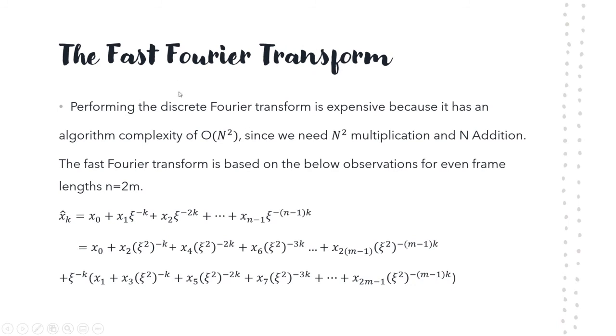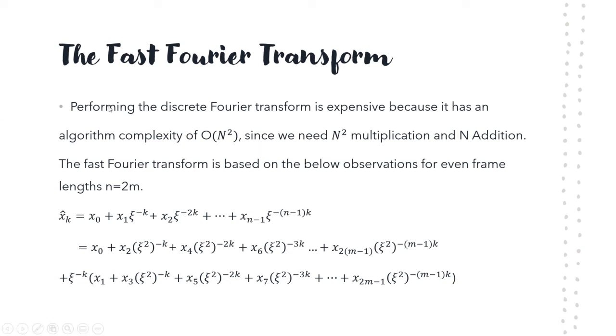Now, the Fourier transform itself is a very expensive operation, because it really calls the transcendental central processing unit support for e to the minus jk, that we have from our discrete Fourier transform.